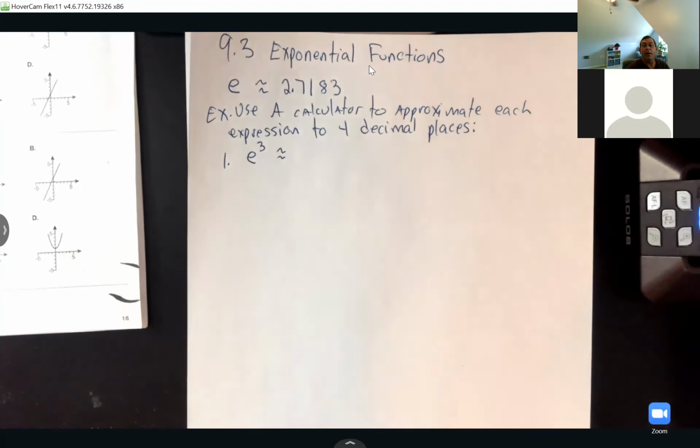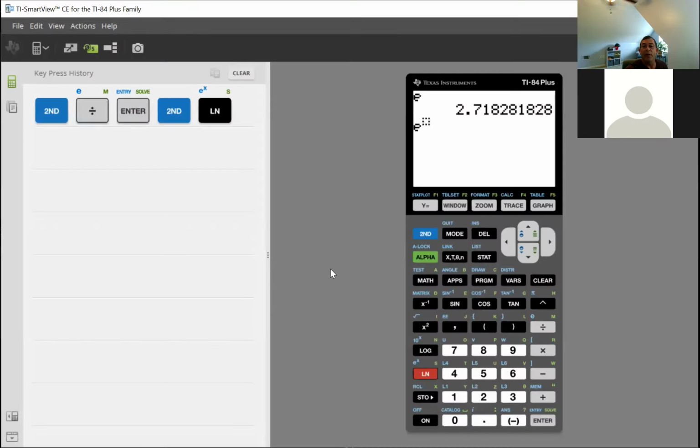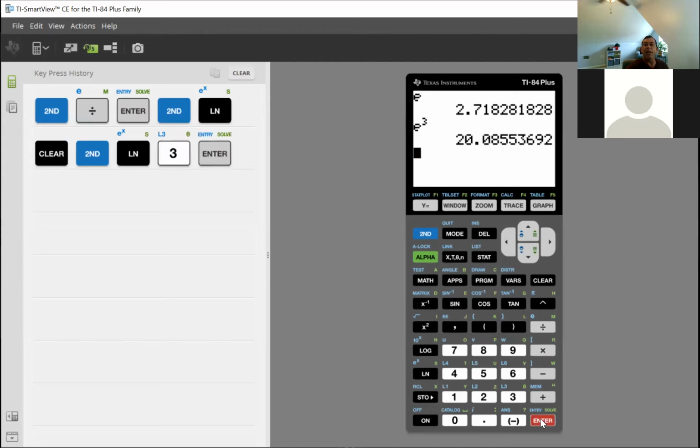So on my calculator, to do E to the third, I'm going to clear this. I'm going to use the E over here by the LN, so I'll hit my blue second button and then the LN button. Now all I got to do is put in my 3 for my exponent. When I hit enter, remember I want this rounded off to 4 decimal places.